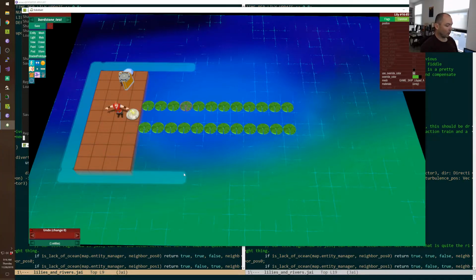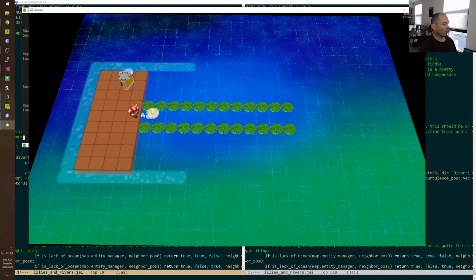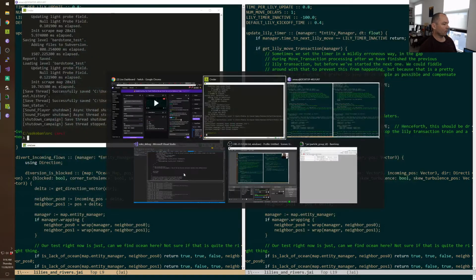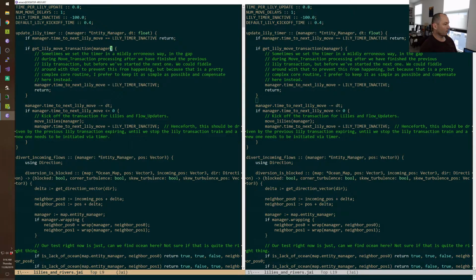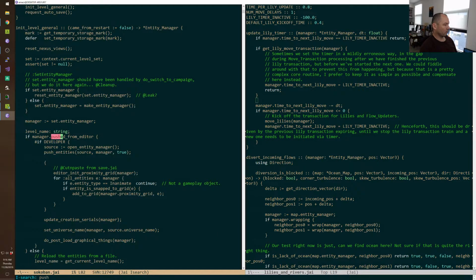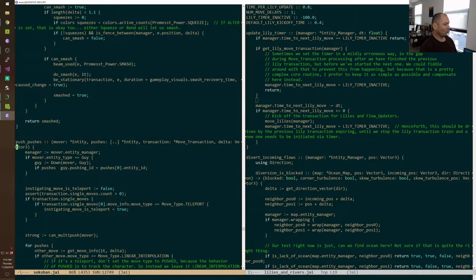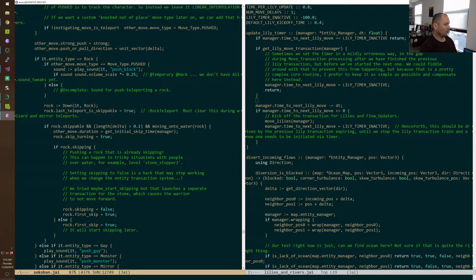So let's make this stone not annoying. I really don't remember where this would be. Aha! So here we detect that it's moving on to water.